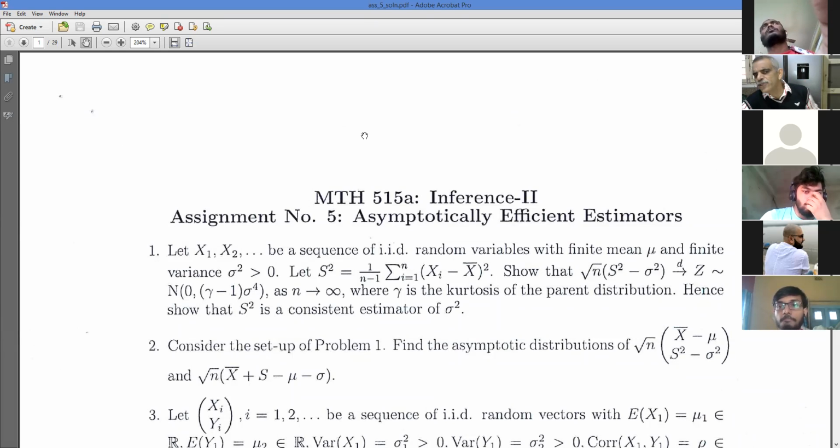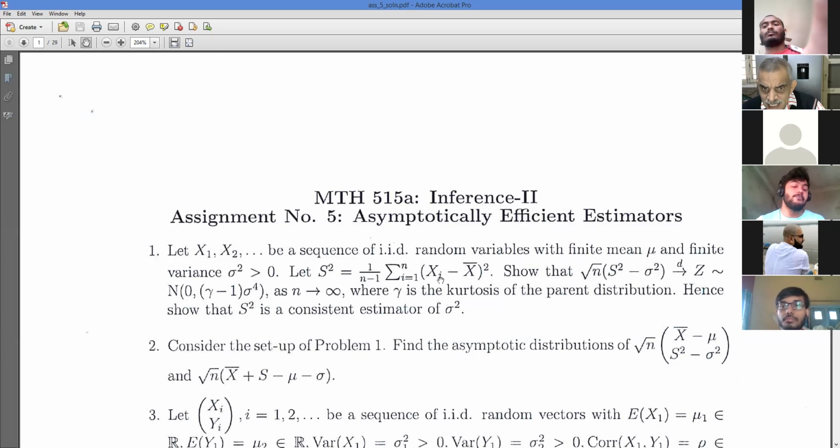Why should you apply it to xi minus x bar? Because the central limit theorem, which you know, is for IID random variables, right? These xi minus x bar whole squares are not IID, so you cannot apply the central limit theorem over here directly. However, you can apply it to xi minus mu whole square, because x1 minus mu whole square, x2 minus mu whole square, and xn minus mu whole square are IID.